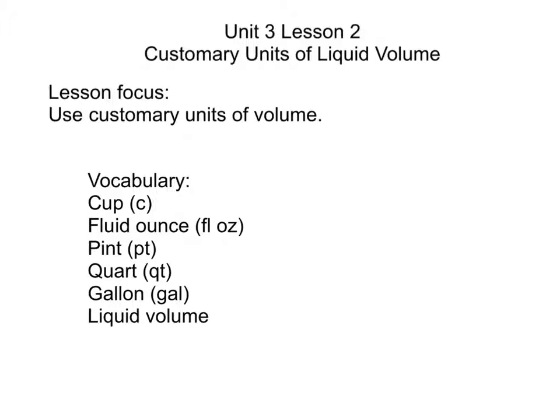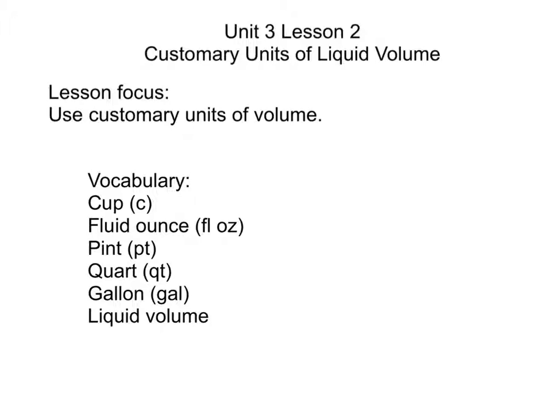Fluid ounce, I'm going to need to know that when I make pickles or baby bottles. We've got pint, whenever I get heavy whipping cream. I don't need a huge amount, but I use it for some of the soups, or half and half, and they usually come in little pints.